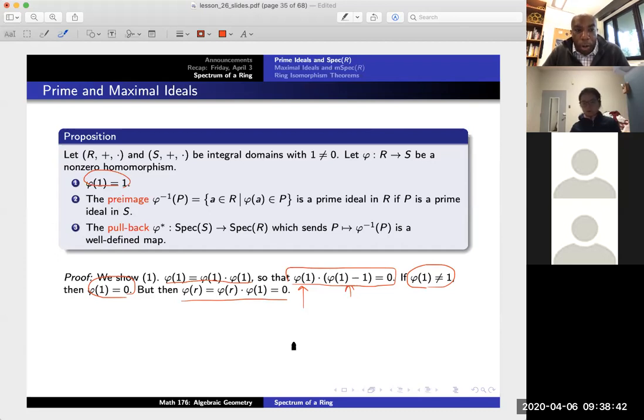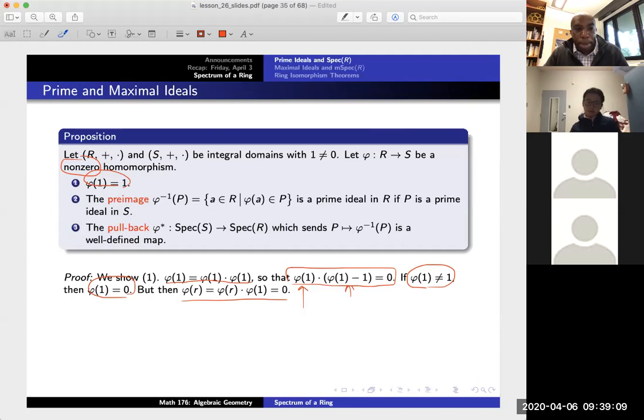So phi of r is phi of r times phi of 1, but then this is 0. And that contradicts our assumption that we have a non-zero homomorphism. So if phi of 1 does not equal 1, then everything has to map to 0, and that's a contradiction. So we do have this very first case, that phi of 1 has to equal 1.